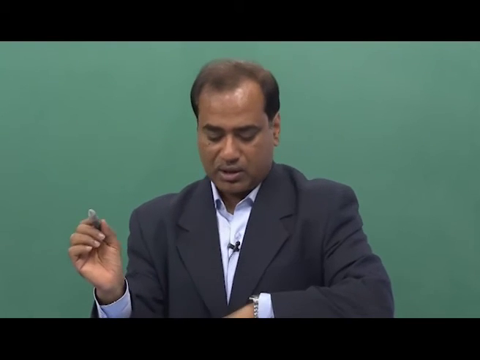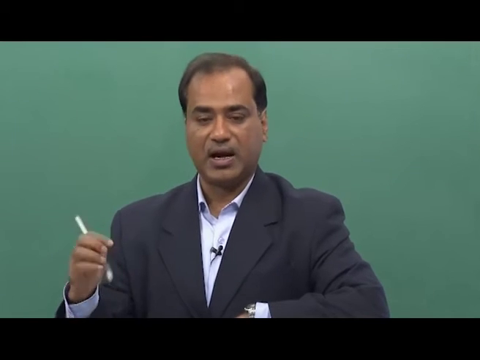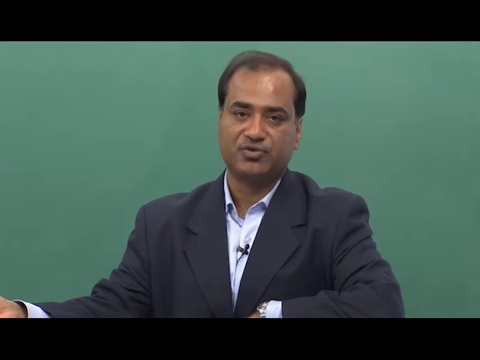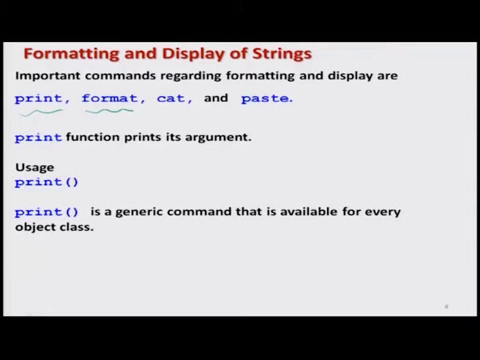So, we are going to discuss all those aspects over here, and for that we have here several commands which are used for getting the final outcome in different ways depending on the needs of the situations. One command is print, second is format, third is cat, and another we are going to discuss is paste.